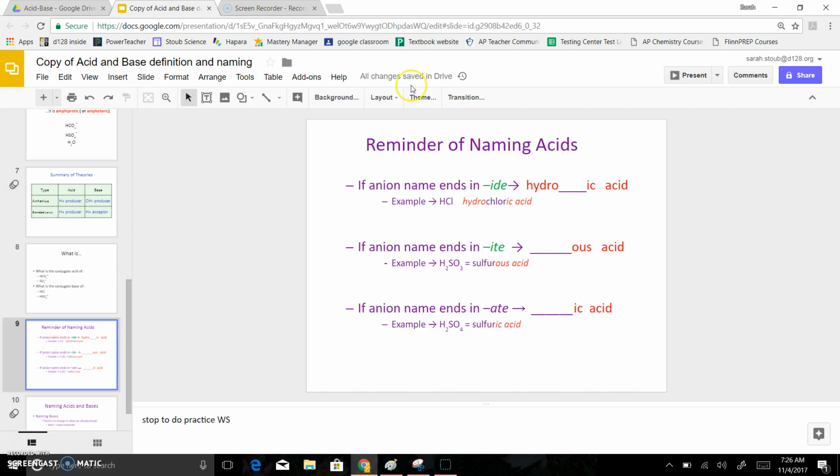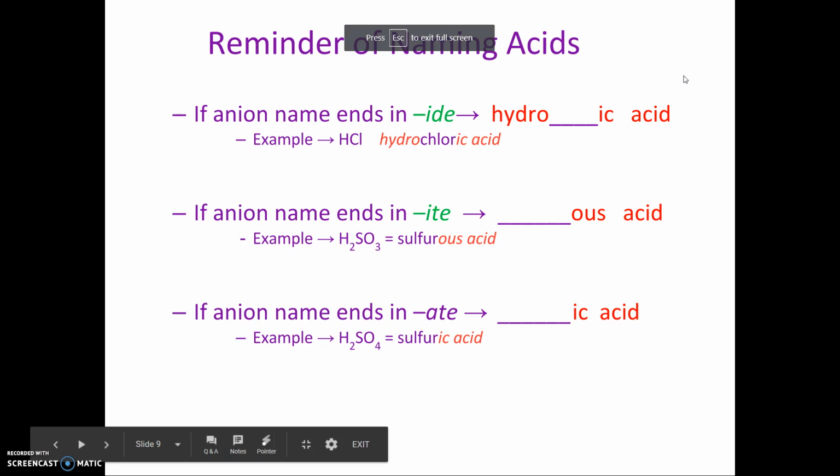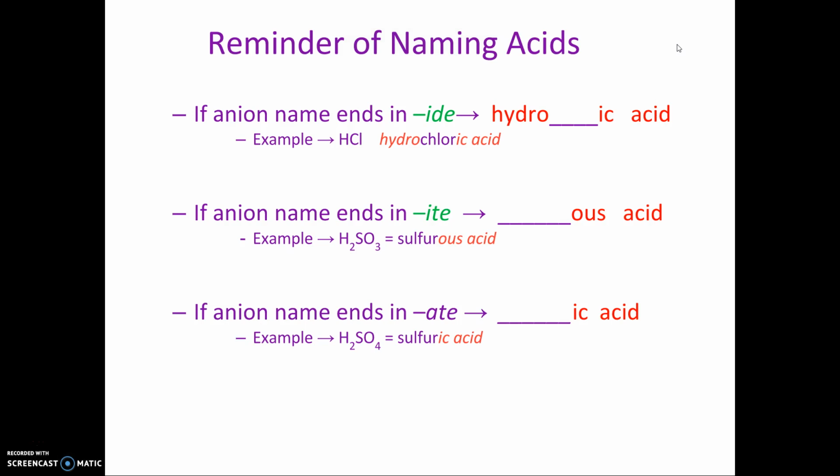Okay. Last thing we're going to cover here is how we name things. So you may or may not have known how to name acids, but here is my summary part. If the anion, like Cl in HCl, normally I would call it chloride. Now if the anion normally ends in "ide," that's when you're going to make it hydro-blank-ic acid, where the in-between spot is where the chlor sticks in.